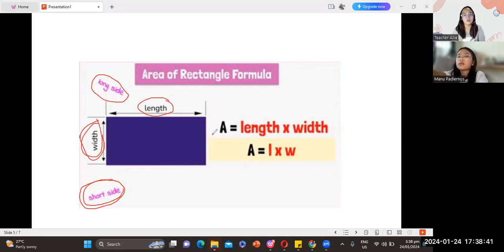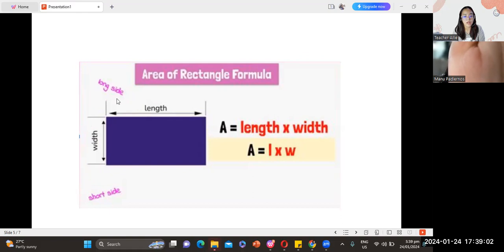You multiply the size of the length and the size of the width. So the formula now is area equals L times W, with L as the length and W as the width.